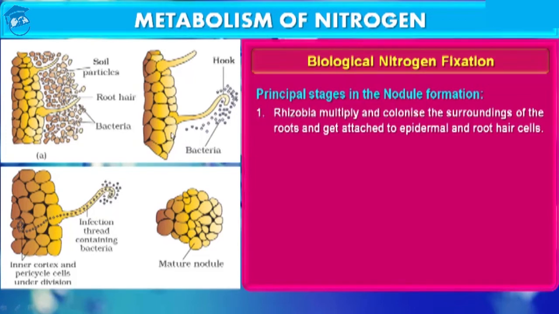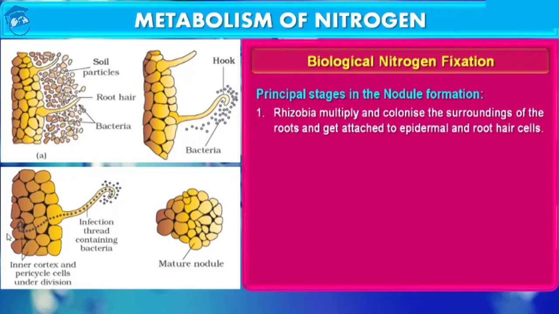The root hairs then curl. As you can see, the root hair has gone curled, and the bacteria this way invade the root hair. An infection thread is produced carrying bacteria into the cortex of the root. See, in this way it enters the cortex of the root, where they initiate nodule formation.